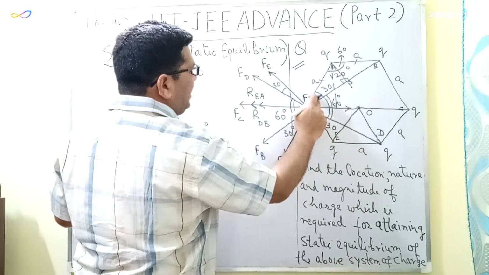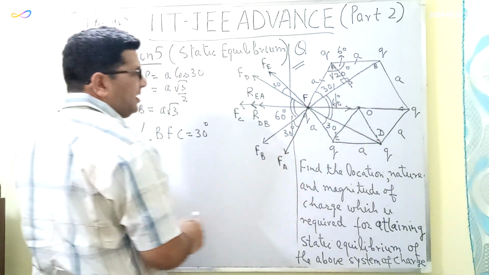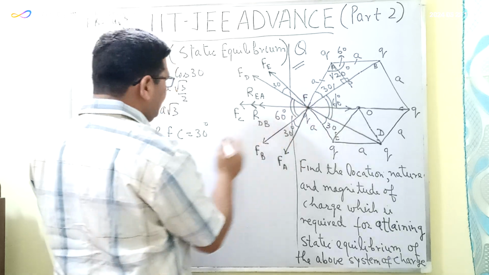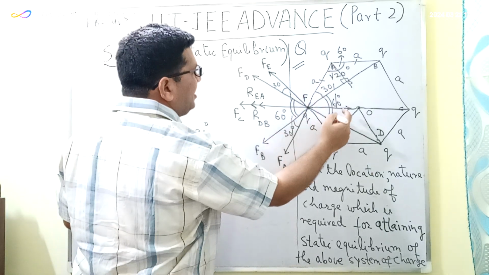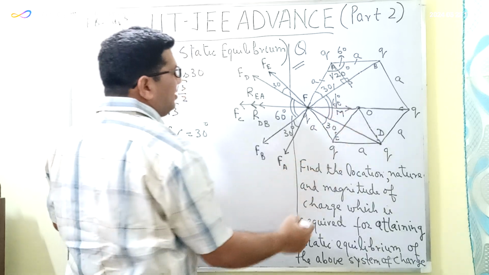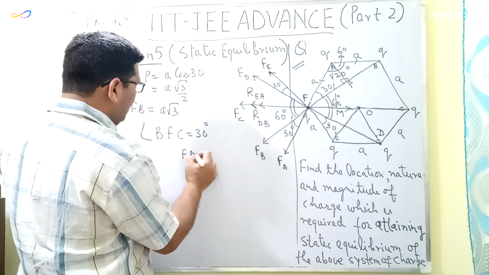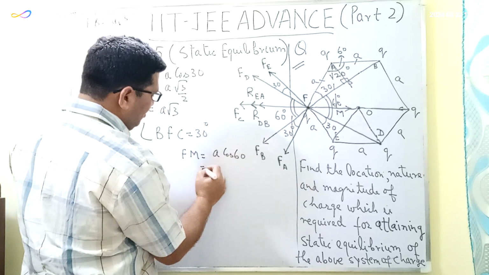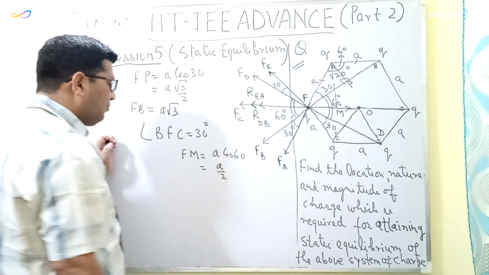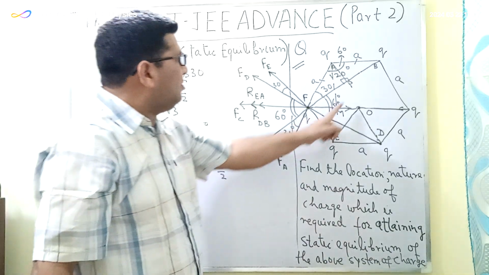Now this is 30 and this is 30, so this is equal to 60 degree. So based upon hypotenuse, I'm just trying to calculate the value. Let us say this point is M. So FM will be equal to A cos 60, which is equal to A by 2. Cos 60 is equal to 1 by 2.